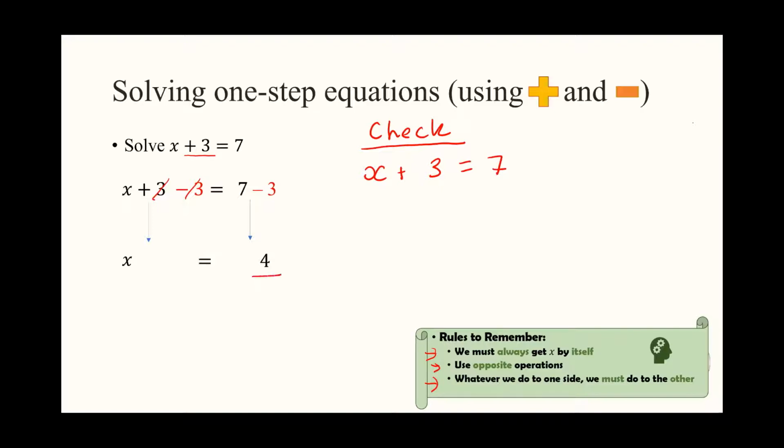So over here we will write 4 plus 3. Now if it is the correct value, it should equal 7. Does 4 plus 3 equal 7? Yes. So we know that this is correct. If you were substituting the value you've got for x back into the equation and you're not getting the number that you should be, you maybe need to think and go back, check your answer, see if you've gone wrong somewhere.